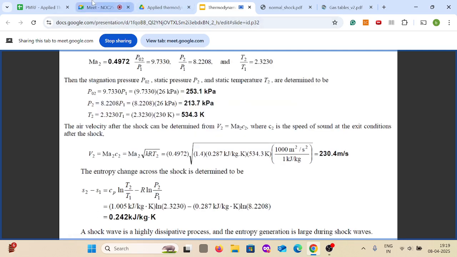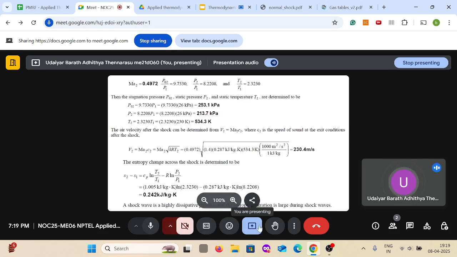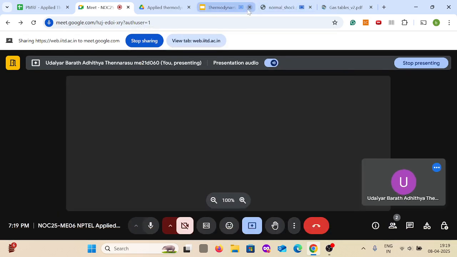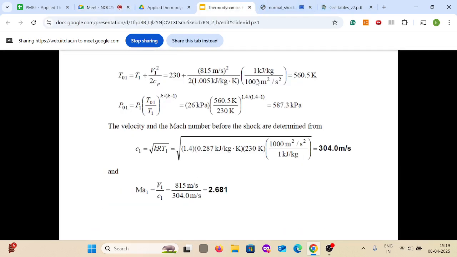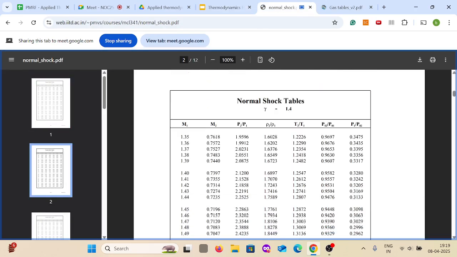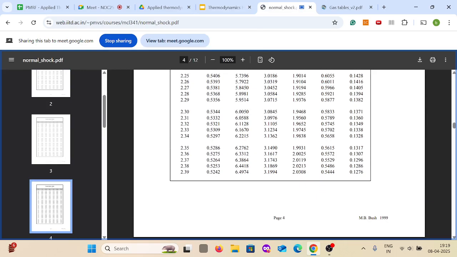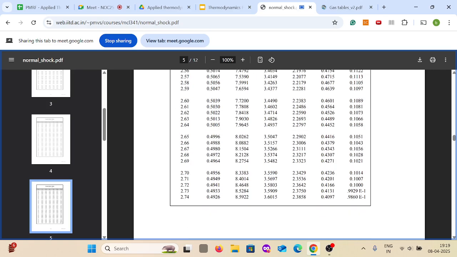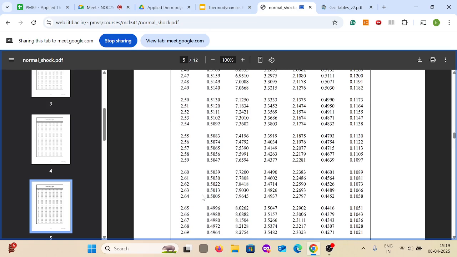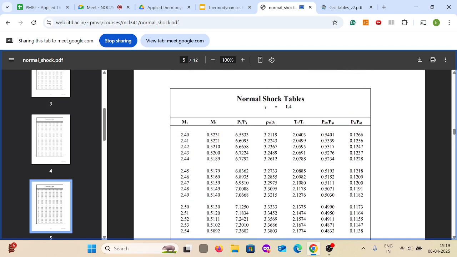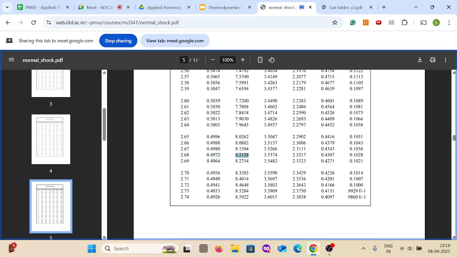So going back to the shock table, for 2.68, we get the Mach number downstream as 0.4972, and then P2 by P1 is 8.218, and T2 by T1 is 2.3217.